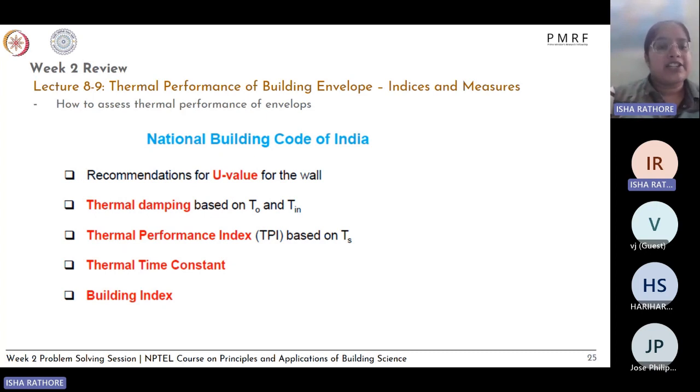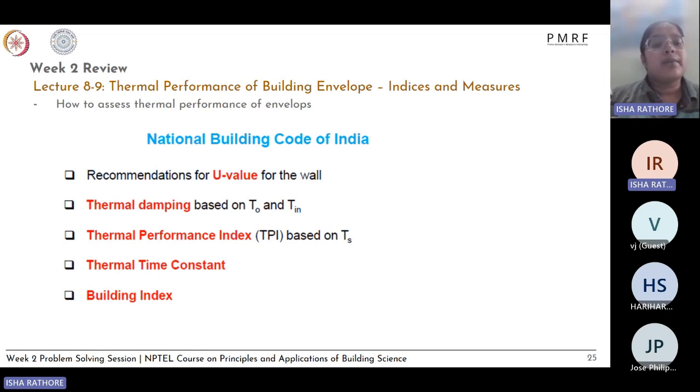So we look at recommendations for U value for the wall. For each of the five different types of climatic zones we have in the country, for walls and for roof, the U value recommendations are given. That is, the minimum and maximum U value for walls and roof in all of these climates are given.